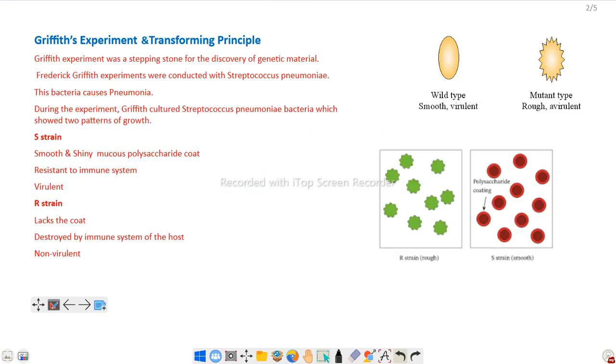he took the bacteria Streptococcus pneumoniae for his experiment, and this bacteria causes pneumonia. During the experiment, Griffith cultured Streptococcus pneumoniae bacteria, which showed two patterns of growth. Here are the two patterns of growth in the photographic image.